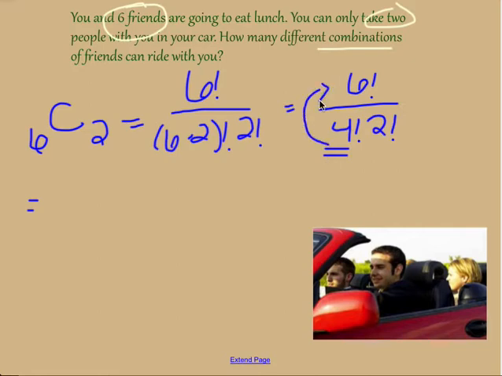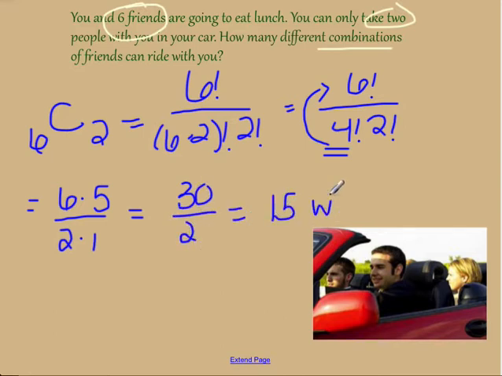So when I go up for that 6, everything from 4 on down is going to be taken out. So I just have 6 times 5 that's left on top. And then on the bottom, just 2 times 1. 6 times 5 is 30. 2 times 1 is 2. 30 divided by 2 is 15 ways. So there's 15 different ways that you can choose 2 friends to go with you.